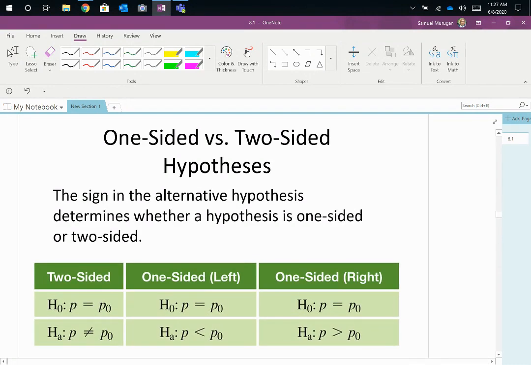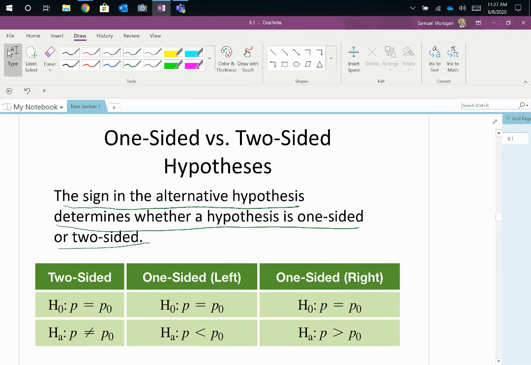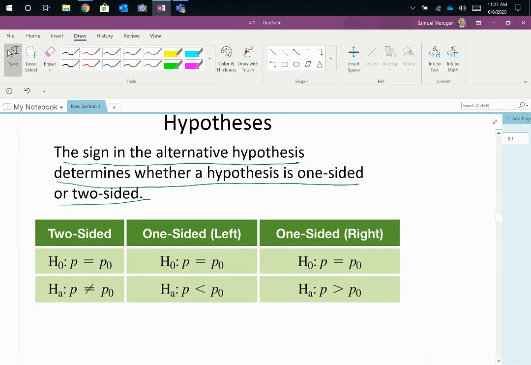All right, let's talk a little bit about one-sided versus two-sided hypotheses. The sign in the alternative hypothesis determines whether a hypothesis is one-sided or two-sided. So p is equal to p0 in the null, and in the alternative p is not equal to p0 is two-sided.